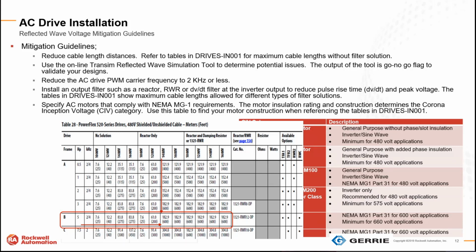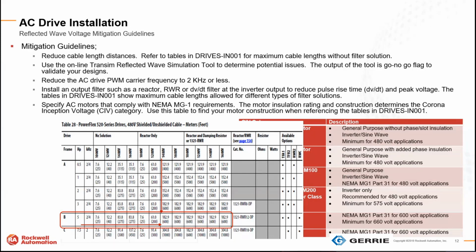If they picked a reactor only, and they've identified that their motor has a 1488 corona inception voltage, CIV, and if we go across there, it's a 5 horsepower application, which means we would not recommend going more than 600 feet or 182 meters without going to the next step, which in this case would be reflected wave, or an RWR, a reactor and dampening resistor. But as you can see, there's no advantage of doing that.